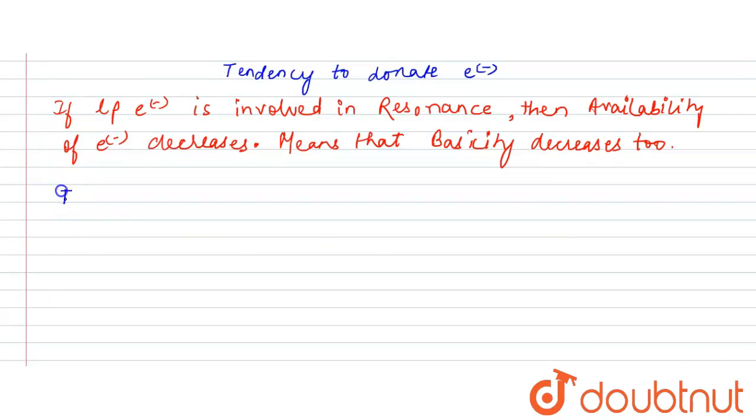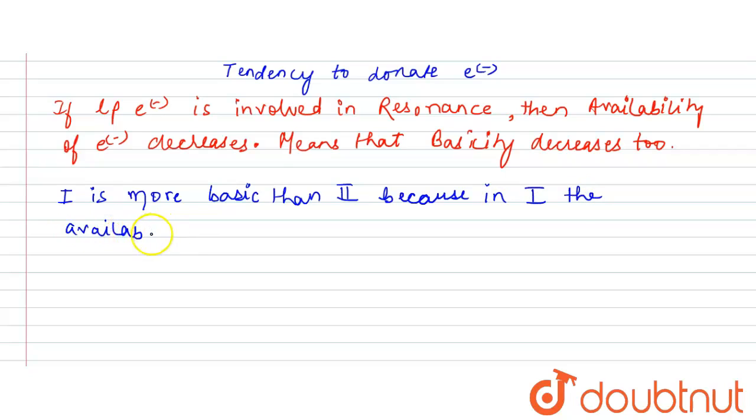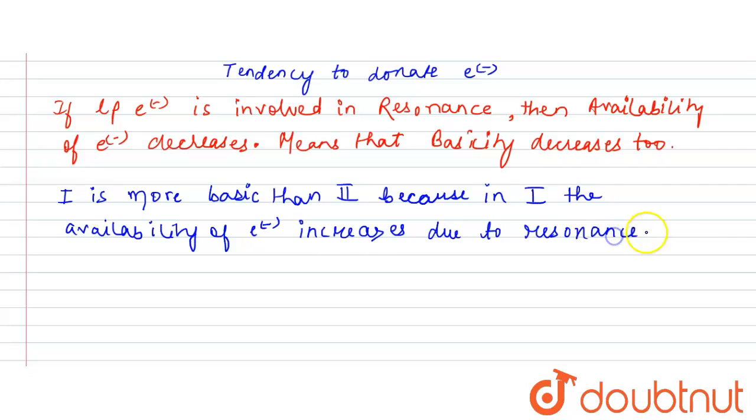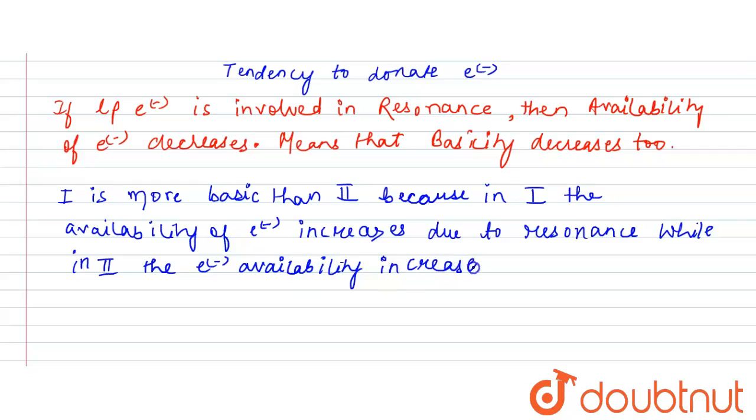So we will write here that 1 is more basic than 2, because in 1 the availability of electrons increases due to resonance, while in 2 the electron availability increases due to plus I effect, right?